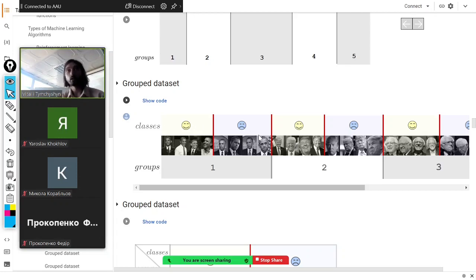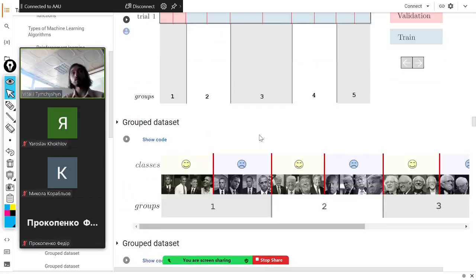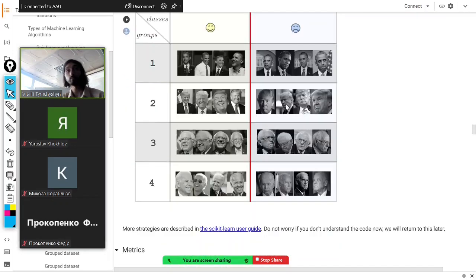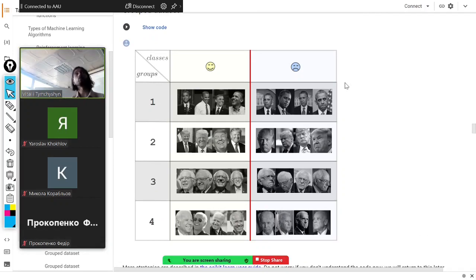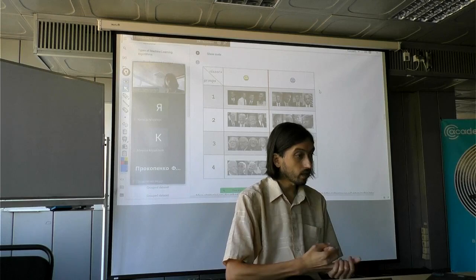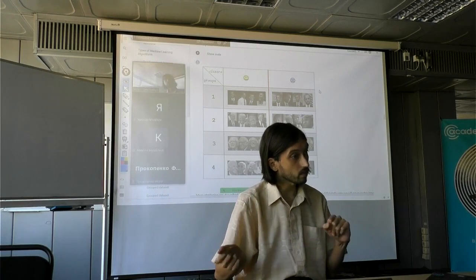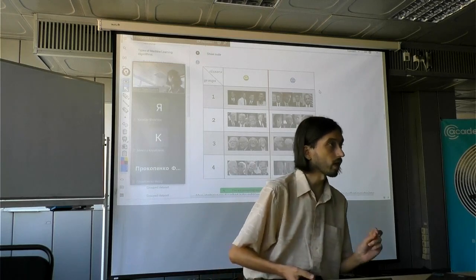That's okay. Now let's think about the problem this way. I am training a model and I want it to generalize properly. And I'm thinking about all these groups and classes, and here is the question I want you to ponder.